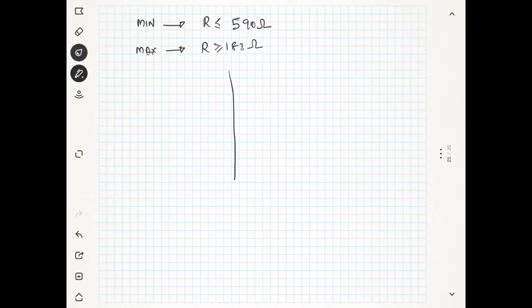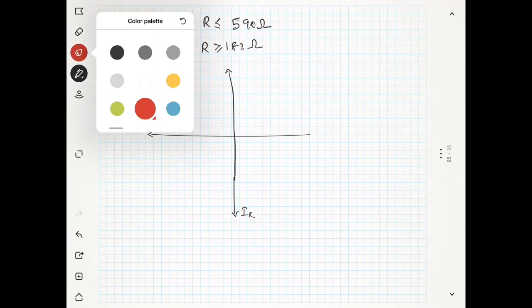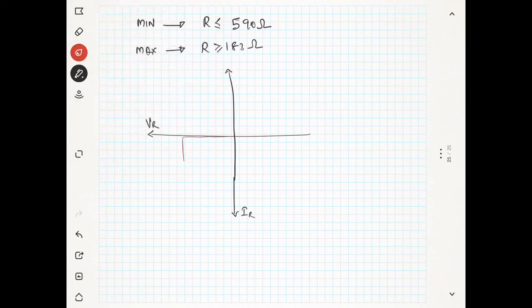So if we draw the characteristics of the Zener diode, this is the reverse voltage and the reverse current. I can draw the characteristics of the Zener diode, this ideal one, with Vz, and this is the minimum current Izk, and this is the maximum Izm.